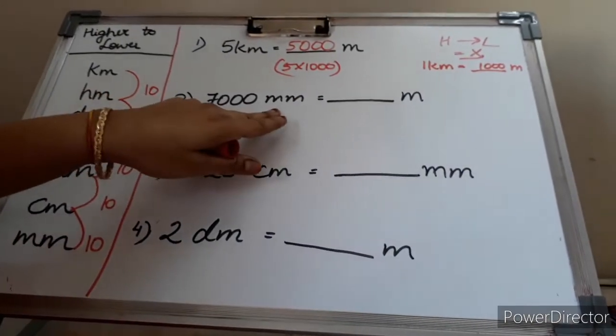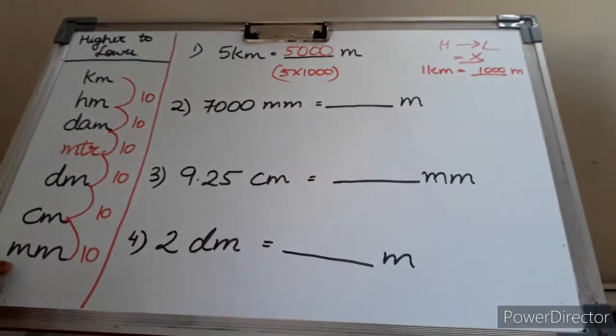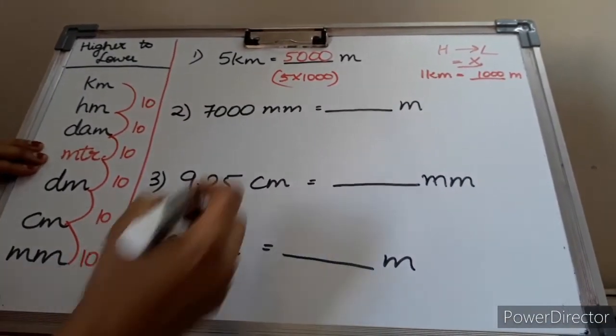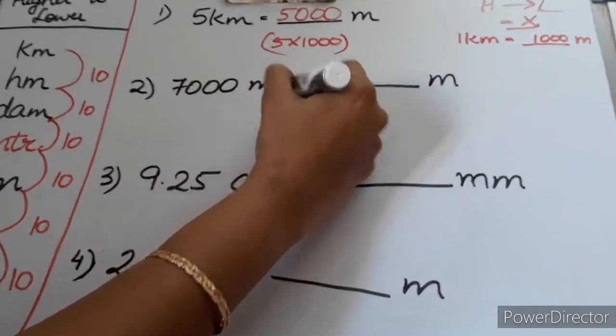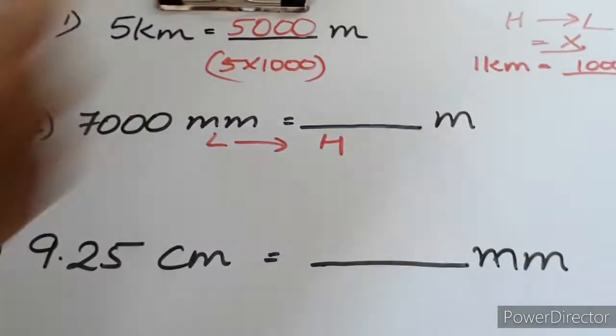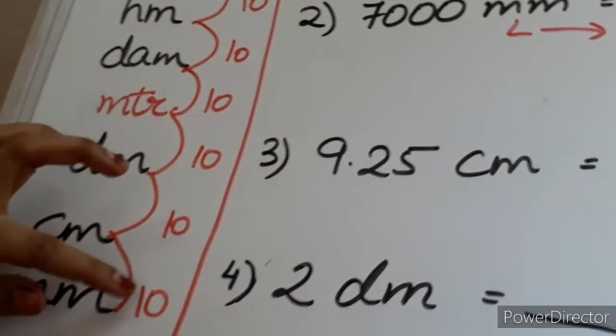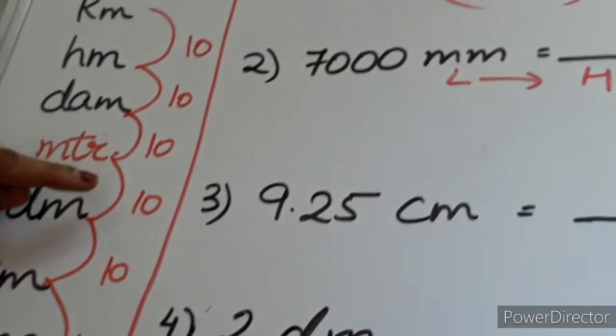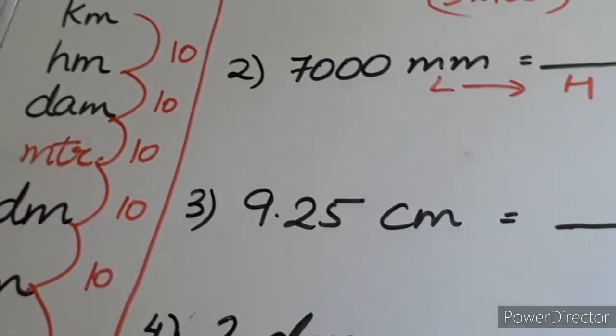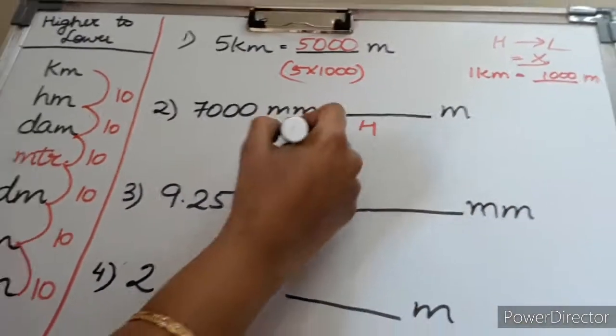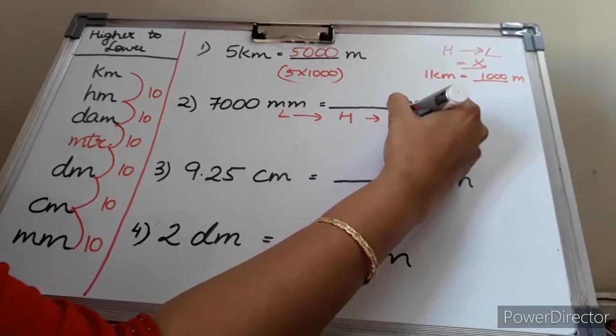Now this is millimeter to meter. This is millimeter, here is the meter. That means from the lower unit we have to go to the higher unit. It differs by 10 into 10, 100, 100 into 10, 1000. So again a 1000 difference. Lower to higher unit means we have to divide.